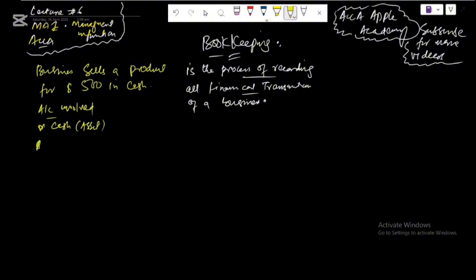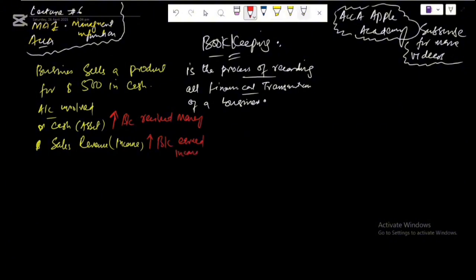The second one is your sales revenue, and that is your income. When you sell something, it means your cash is increasing because you received money, and the sales revenue is also increased because you earn income.